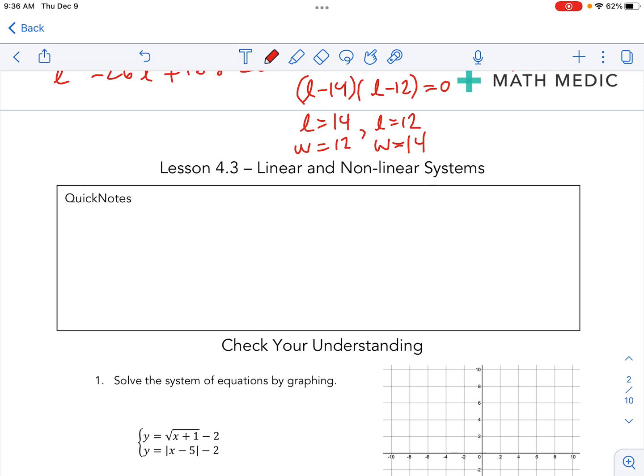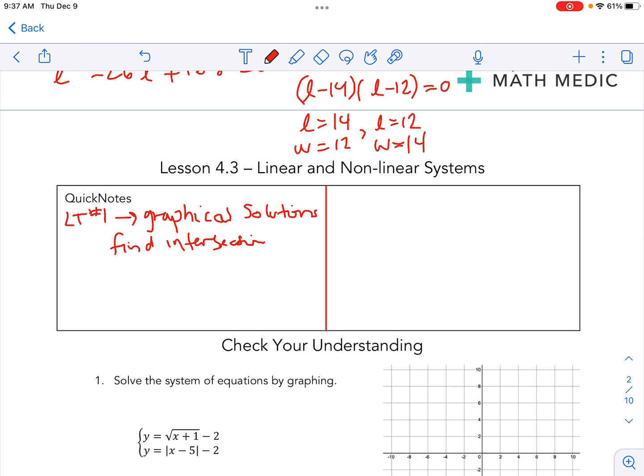Okay, so for your quick notes then, the first learning target is graphical solutions. Just find the intersection. And that'll work out okay if your graph is accurate enough.